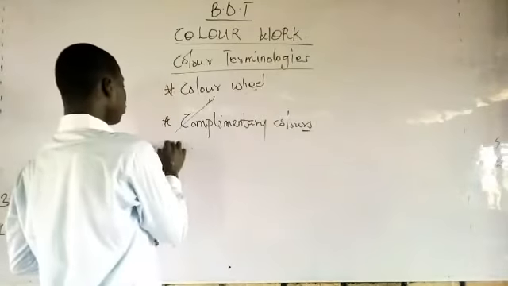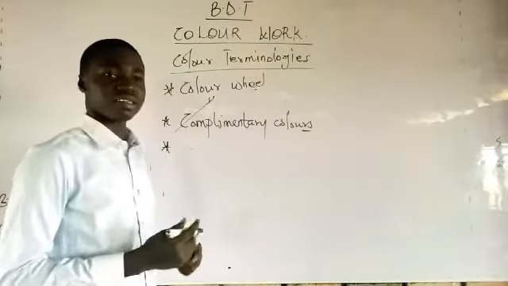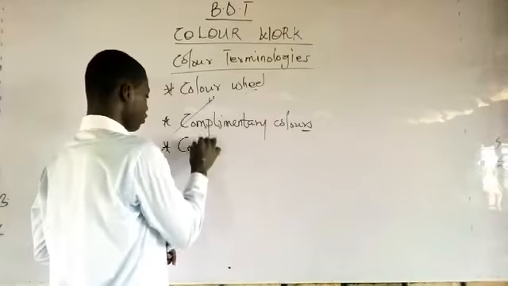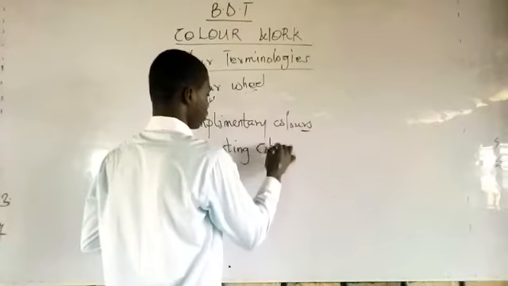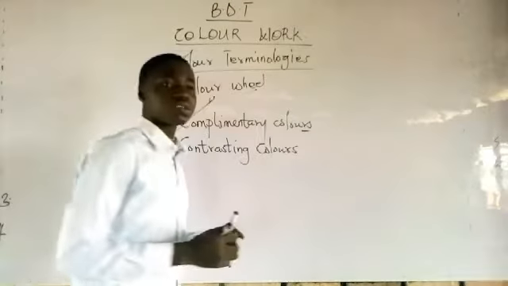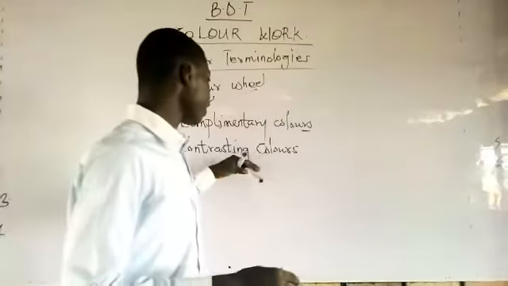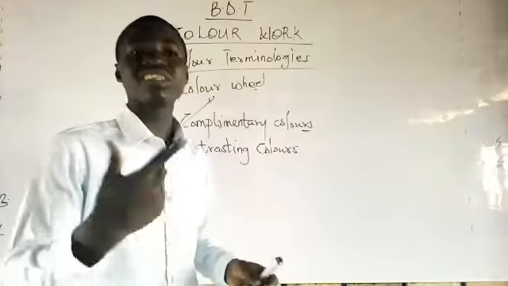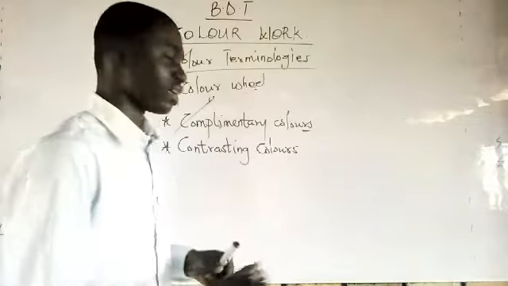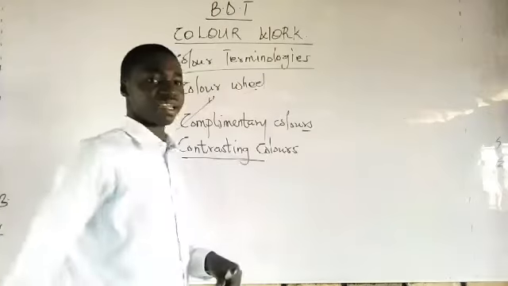Now the next one that we're going to look at is the contrasting colors. The opposite of complementary colors will give us the definition for contrasting colors. So colors that are not opposite to each other on a color wheel are termed as contrasting colors.